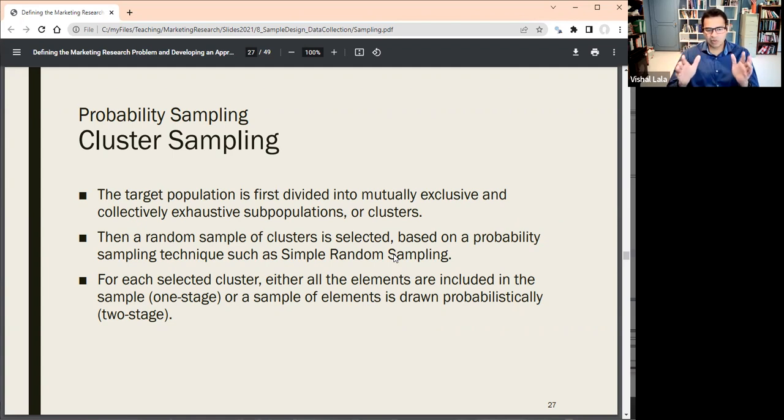So New York City is broken down into zip codes and census tracts down to blocks. The block is the smallest unit that the US Census shares data on. So we could then take a look at all the blocks and randomly choose one block. And for the people living in that one block, we'll survey all of them and ask them their attitudes towards pets. So the choice of the cluster was random. This is an example of one-stage clustering.